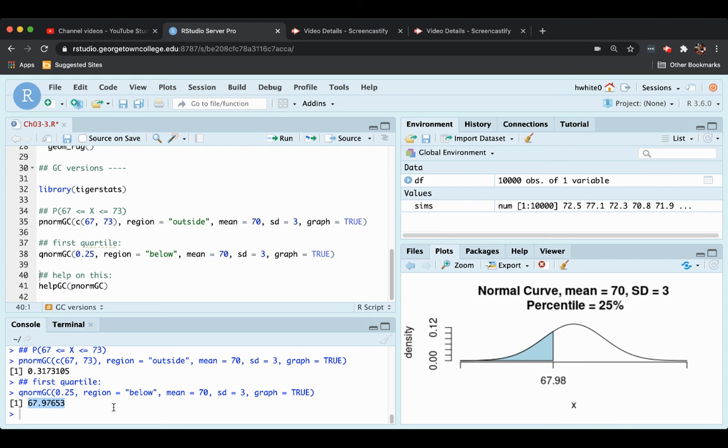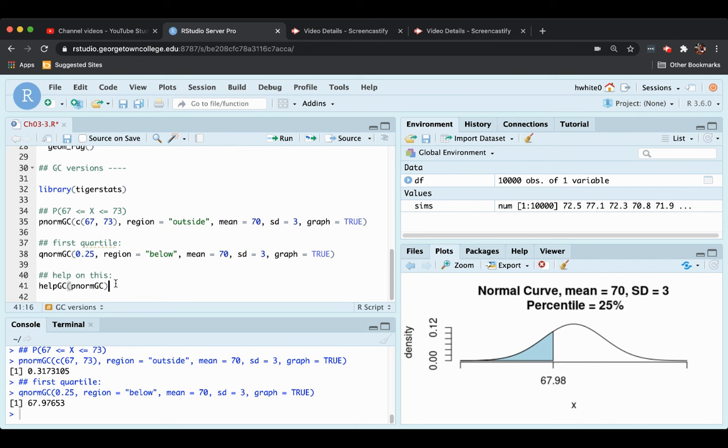So you need to be about 68 inches tall in order to be taller than 25% of the people exactly. And over here, where you want the 25th percentile, they're saying the 25th percentile is 67.98. This shaded area here is 0.25. So that can be helpful a little bit.